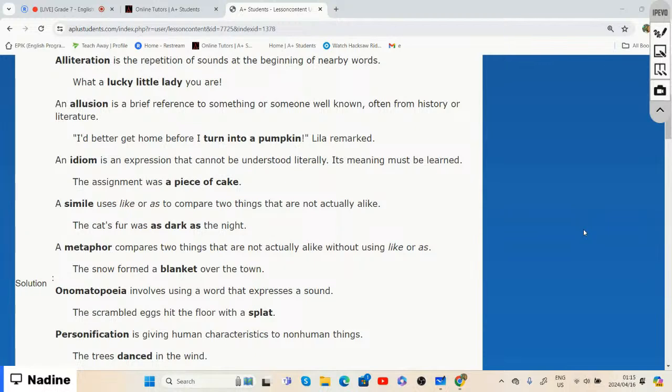And once again, this expression is also not literal, it is a figurative expression. Because if we look at that sentence, we cannot just say that it has to do with an actual blanket that we threw over the town. It just means that with all the snowing that took place, there was a lot of snow and it basically covered the whole of the town.